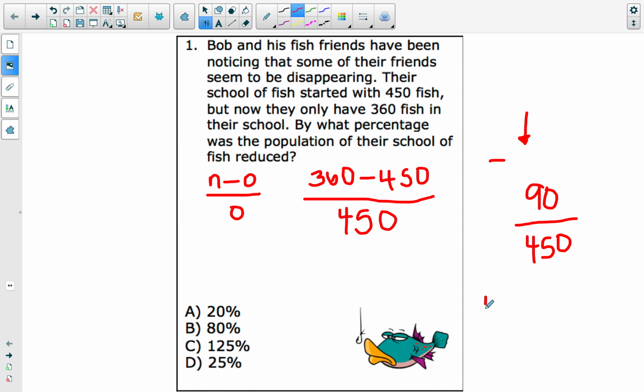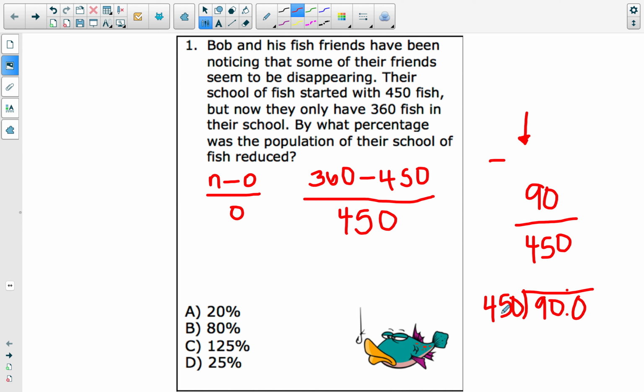So now we're going to do some division. We're going to go 450 as our divisor, and our dividend is going to be 90. Now we know that 450 cannot go into 90, so we are going to add another digit, and we're going to add that 0. We have to add a decimal because 90 is 90.0.